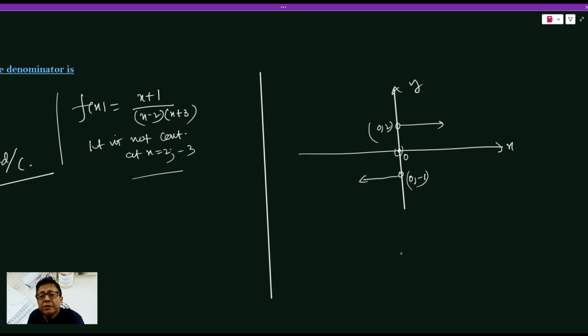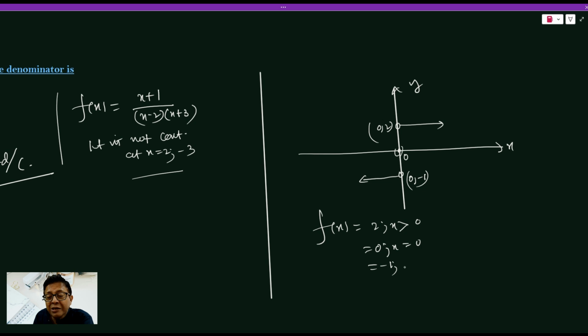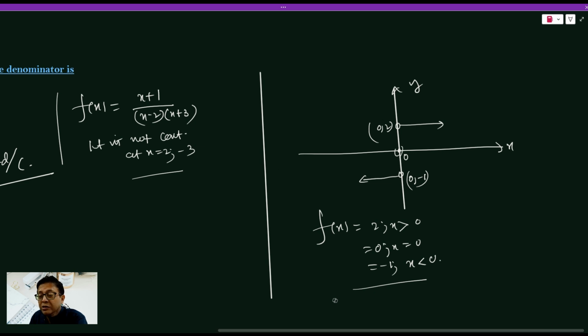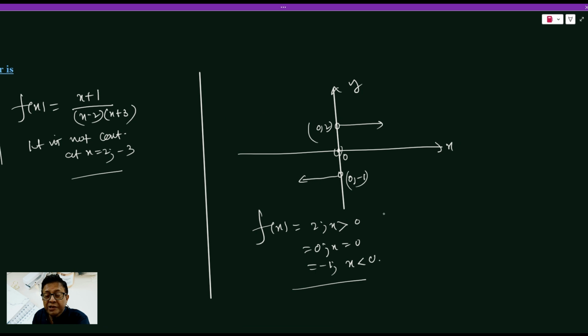For any function, say we have taken f(x) equal to 2 for x greater than 0, 0 for x equal to 0, minus 1 for x less than 0. Try to understand from here. If someone asks you to calculate the limit of the function, then limit x tending to 0 minus f(x) is what?